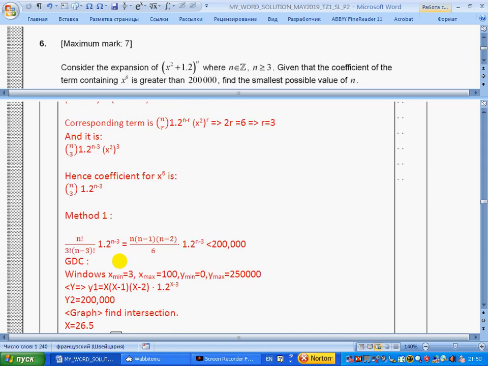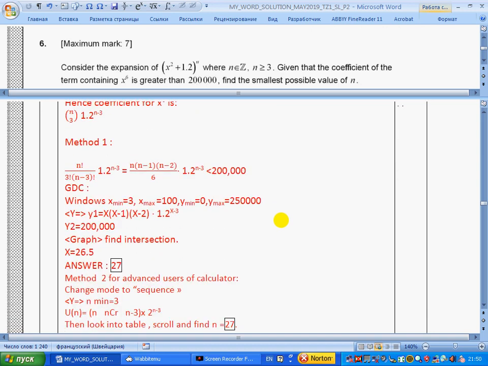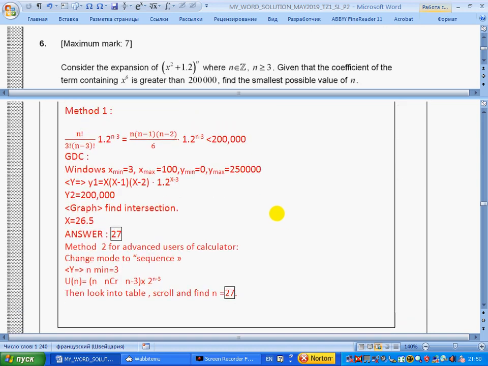Method 1. We write the coefficient, simplify, and now we have the following. So we can insert this function and check where it is less than 200,000.